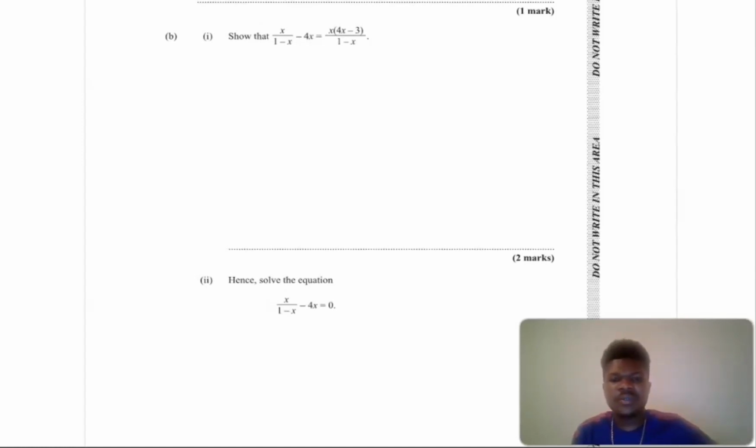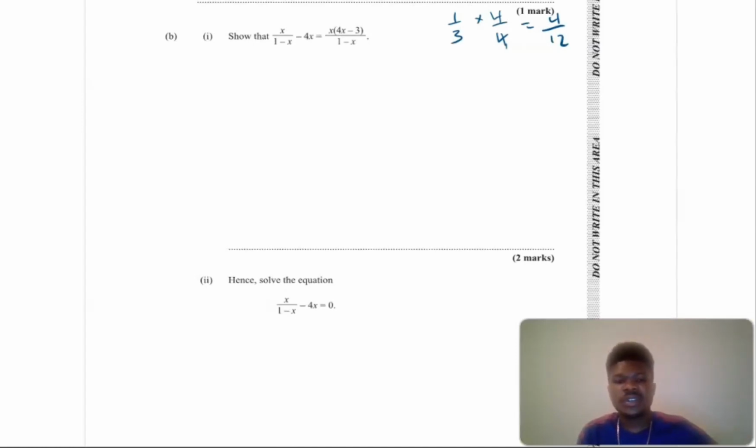So in order to make the 4x have the same denominator, we need to multiply both our numerator and denominator by the same thing. It's just like if we want to turn 1/3 into a denominator of, let's say, 12, we multiply both numerator and denominator by 4, and that gives us 4 over 12. So 4 over 12 is an equivalent fraction for 1/3, so it's equal.